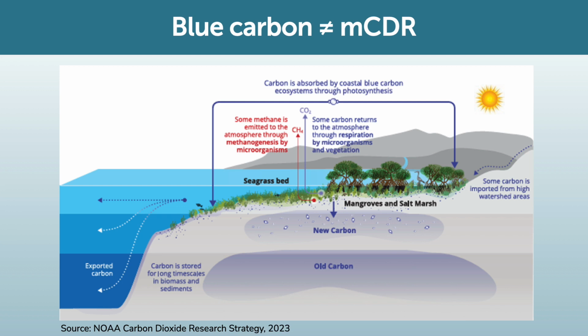Blue carbon is generally not lumped in with mCDR because they differ in terms of their potential scale of carbon removal and the maturity of our collective knowledge about how they work, with blue carbon being well understood while mCDR is in its infancy and surrounded by many unknowns. They also differ in terms of their known and potential interactions with natural ecosystems and will likely be regulated differently. For these reasons, blue carbon, while taking place in the marine and coastal environment, is not considered marine carbon dioxide removal, or mCDR.